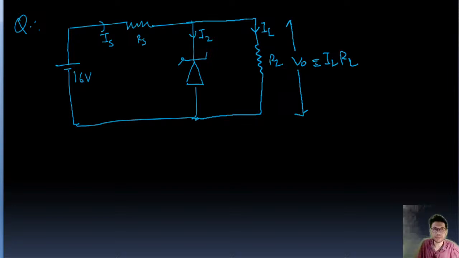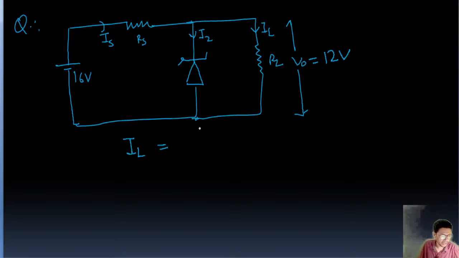So V naught is given here, guys, that is 12 volt. This is 16 volt. This is IS, this is IZ, and IL is given, guys.